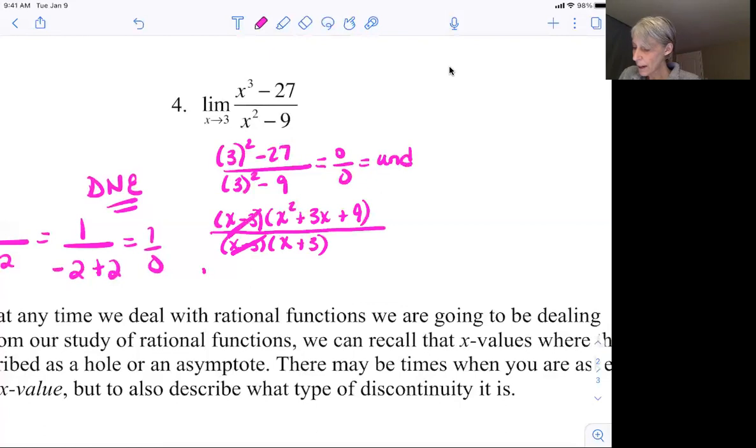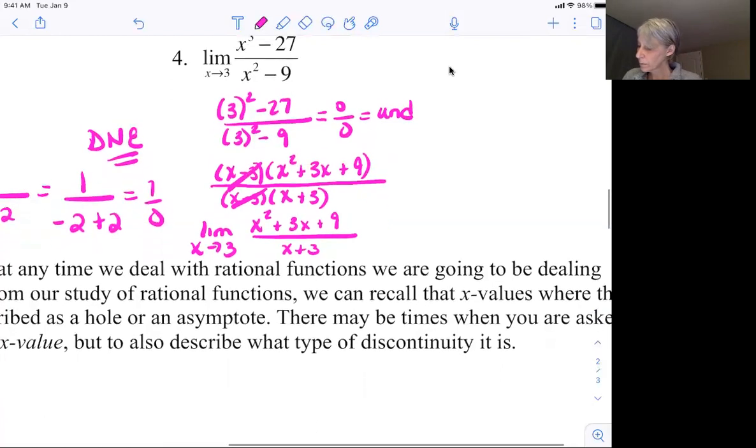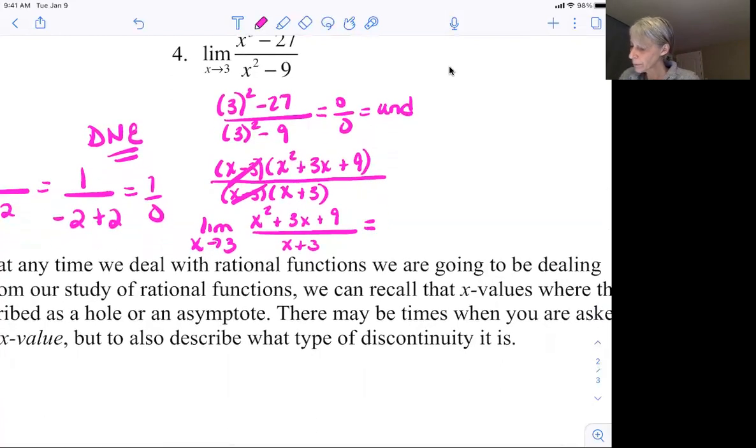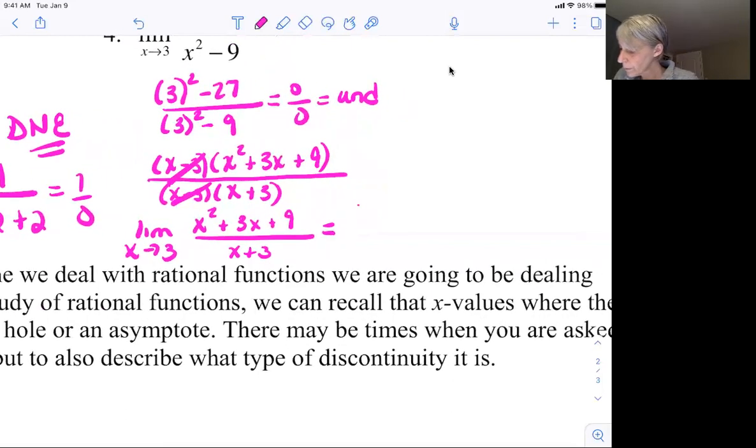So we're really evaluating 3 squared plus 3 times 3 plus 9 over 3 plus 3.